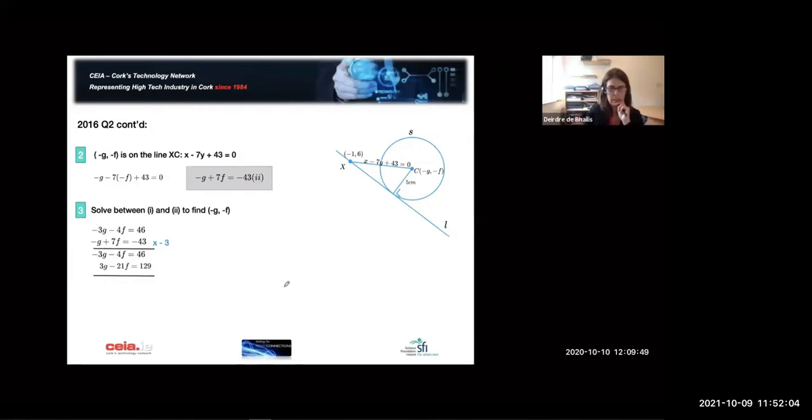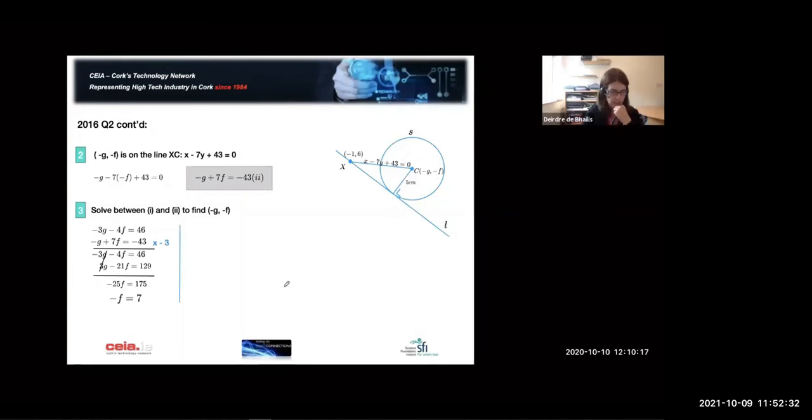That gives me this, and it's g that I'm eliminating in this case, which yields -25f is equal to 175. Minus f is equal to 7. I'm simply going to leave it at that here because I'm looking for the center of the circle and I know it's minus f that I'm looking for, so I don't need to go as far as solving for f.